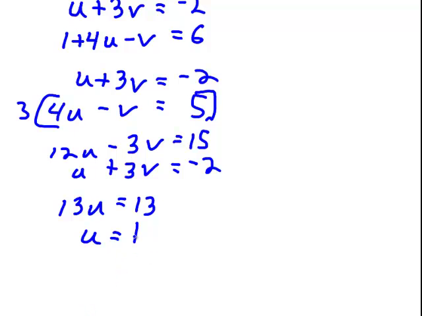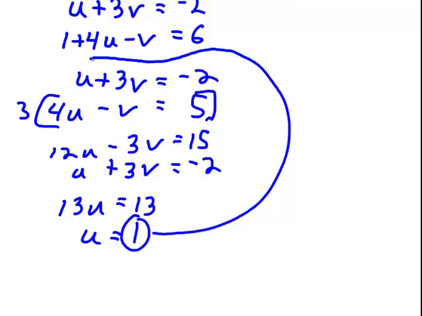Now, if I plug u equals 1 back in here and subtract it from both sides, I get 3v equals negative 3, and that just means that v equals negative 1.